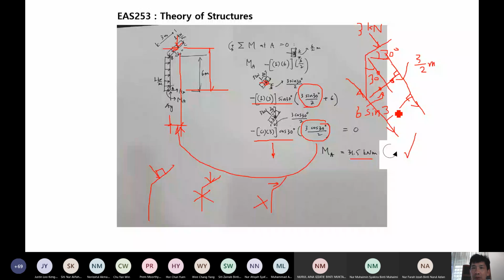So this 3 kilonewton multiplied with this perpendicular distance, which is 3 over 2 meter plus 6 sine 30, gives you the moment caused by this UDL acting on inclined member, and it will be the same as this value also, where we separate them into component X and component Y and find the moment caused by component X and the moment caused by component Y. They will be the same.